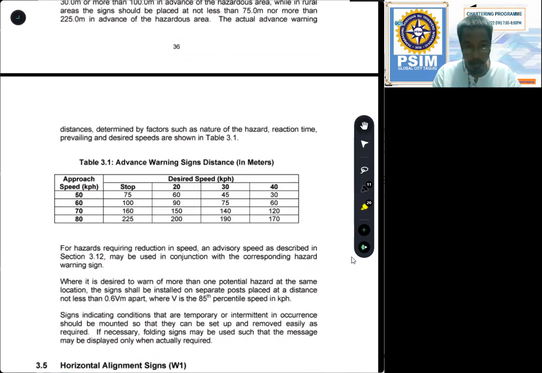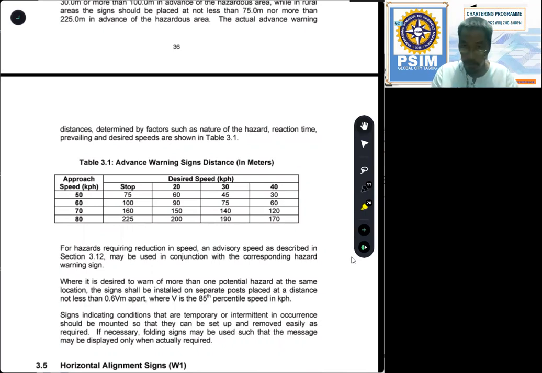Where it is desired to warn of more than one potential hazard at the same location, the signs shall be installed on separate posts placed at a distance not less than 0.6V meters apart, where V is the 85th percentile speed in kph.